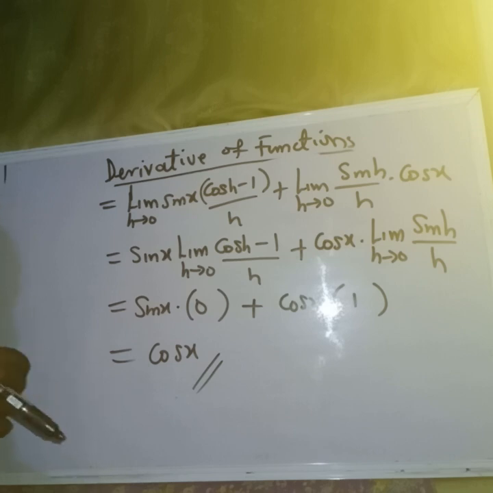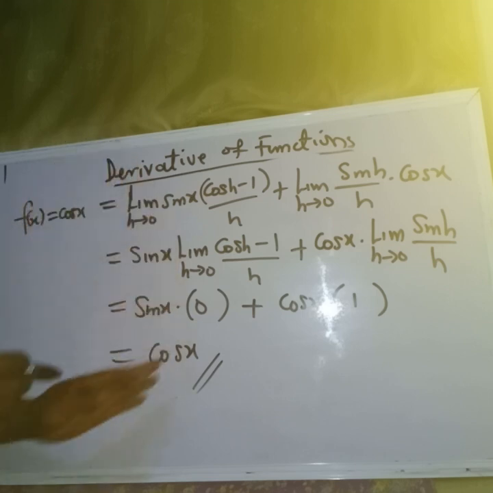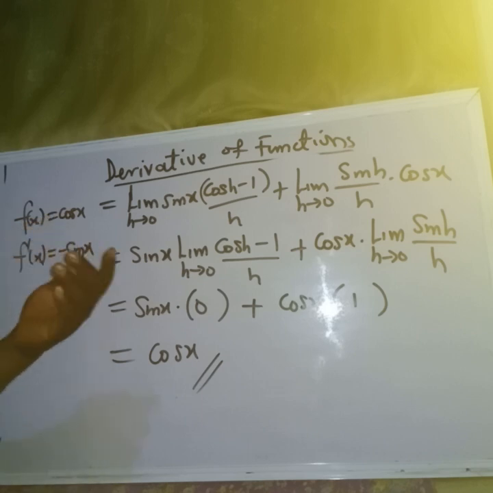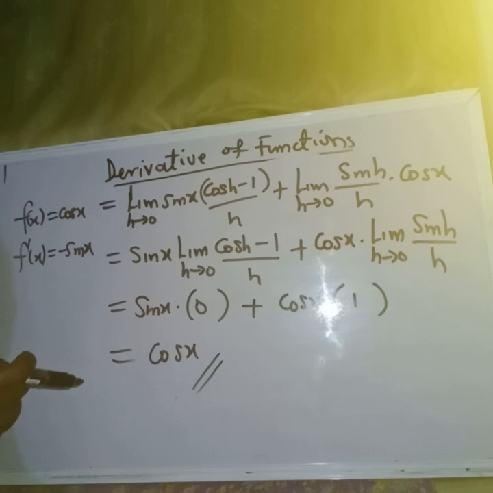We can also consider a case where the function is f of x equal to cos x. Using the same process, we can obtain f prime of x to be negative sine x. Other trigonometric functions such as f of x equal to tan x can also be evaluated using the trigonometric formula.